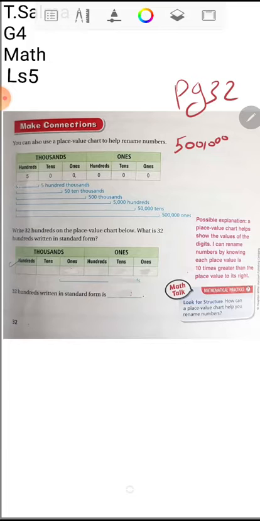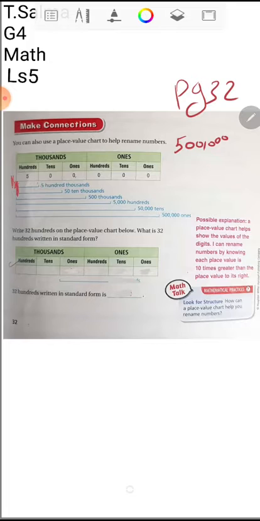Look, he said that you will take the distance from here, right here, and you can choose the point where we will stop. So if I stop at hundred thousands only, I will take only this digit, 5 hundred thousands. So I have here 500,000.